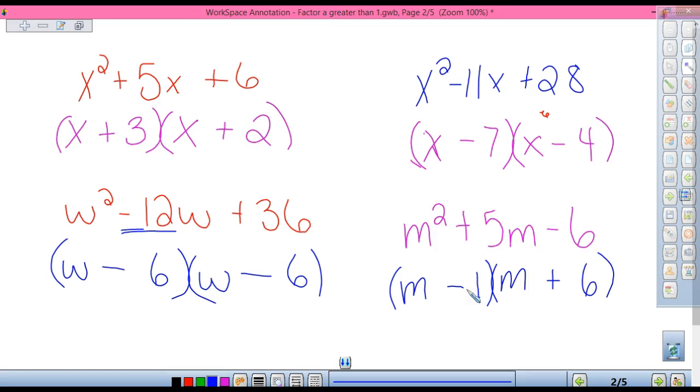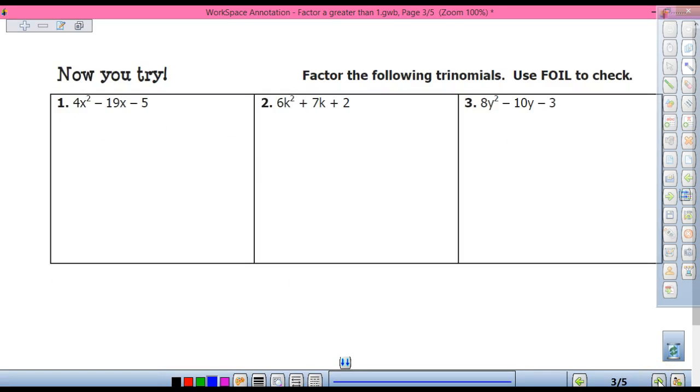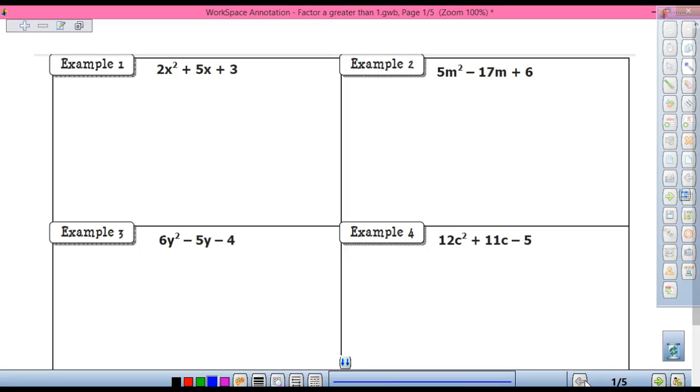So that's what we did last week, right? Today gets a whole lot harder. Okay? And the reason why it gets a whole lot harder is because our polynomial is written as ax squared plus bx plus c.